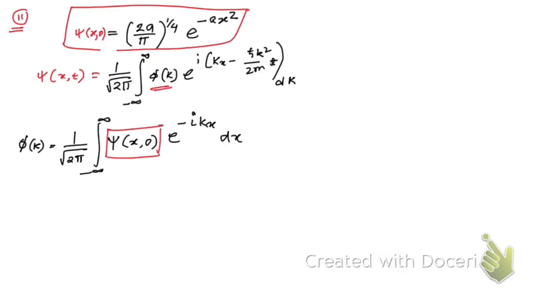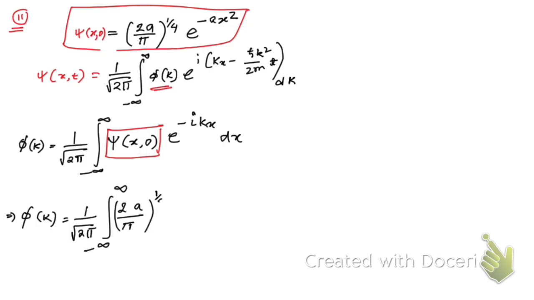Then what we're gonna have, phi of k is equal to 1 by root 2 pi, integration of minus infinity to plus infinity, 2a by pi whole to the power 1 by 4, e to the power minus ax square, then e to the power minus ikx dx, and product of these two can be written this way: e to the power minus ax square minus ikx.